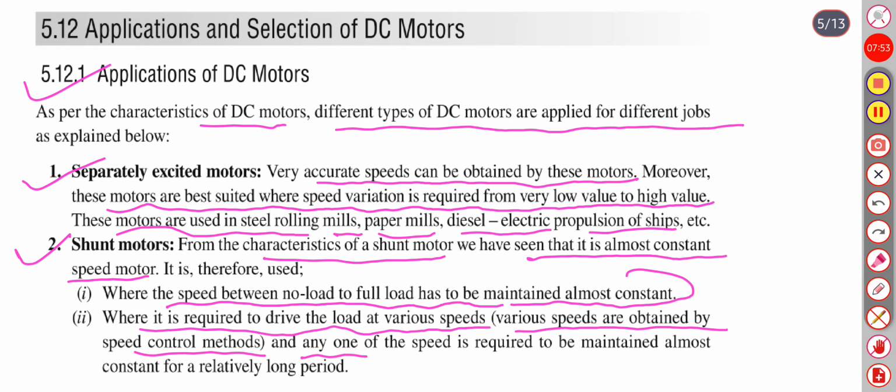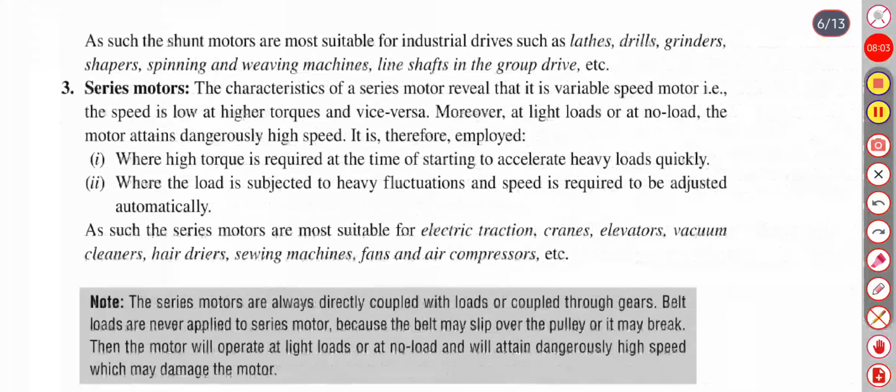And where any one speed is required to be maintained almost constant for a relatively long period, the shunt motors are most suitable for industrial drives such as lathe, drill, grinders, shapers, spinning and weaving machines, line shafts, and group drives.